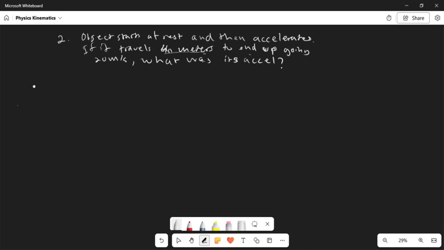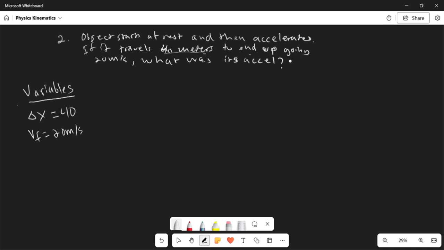Okay, so first of all, let's list out our variables. We have the displacement, which is a change in x, which is 40. And then it says that it travels 40 meters to end up going 20 meters per second. So our final velocity is 20 meters per second, because it says end up going.